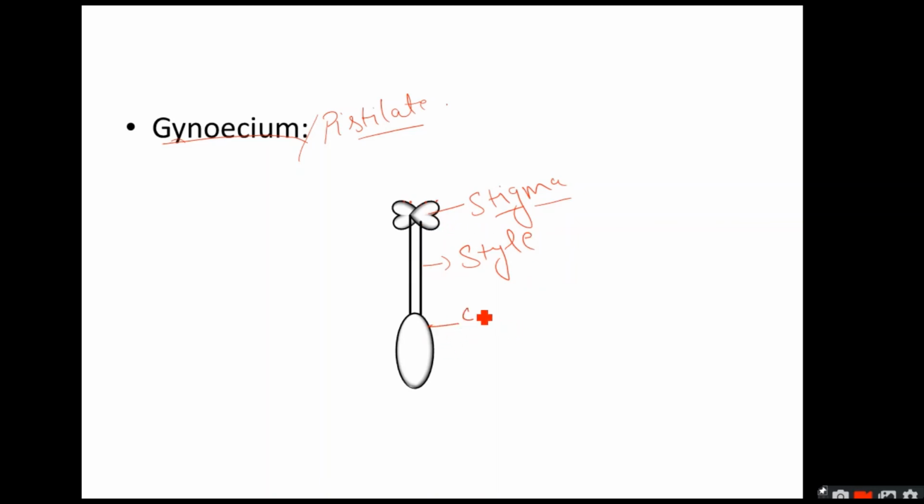This is the ovary, and within the ovary there are ovules which are present. And ovules basically form the seeds and ovary is basically the fruit in mature fruits. So this is basically the structure of gynoecium or female reproductive part of flower.